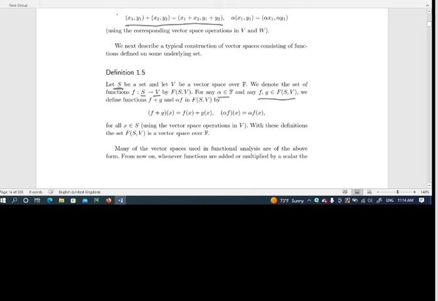With these two operations, F(S, V) will be a vector space over F. This is in fact an example of a vector space defined by functions from a set S to a vector space V.